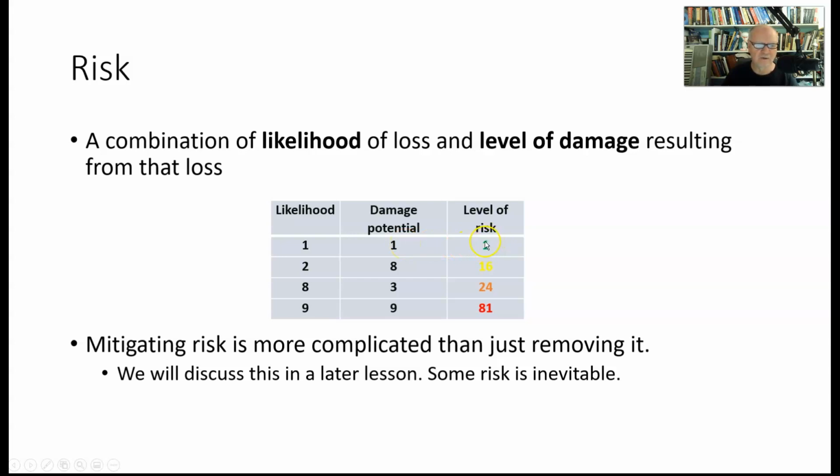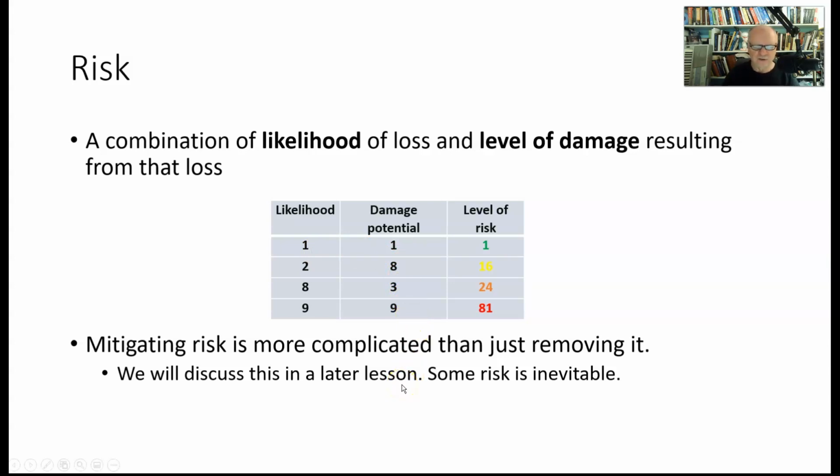It would have a very low value over here. However, if the likelihood is very, very likely, I've given it a 9 here, and if it does happen, it would be very, very bad, then I will give it a very high number over here. So the 81 here represents a very high risk. And so you can see that the level of risk is sort of a sliding scale here of combinations of the likelihood and how much damage it could do if it does happen.